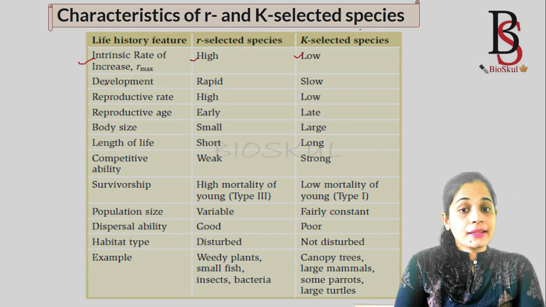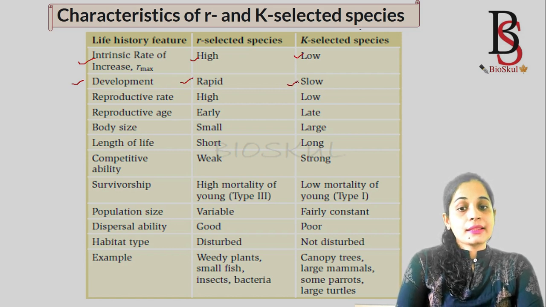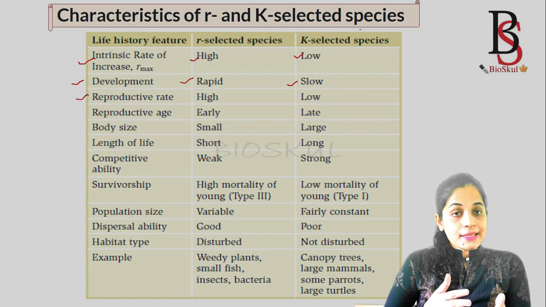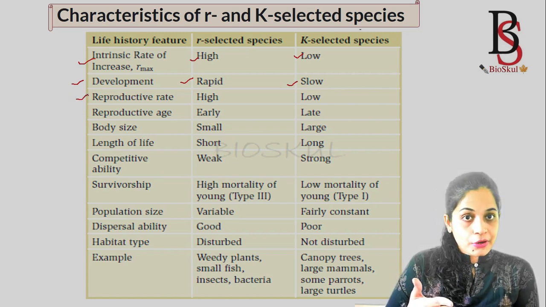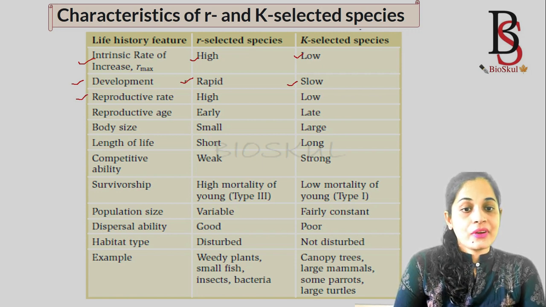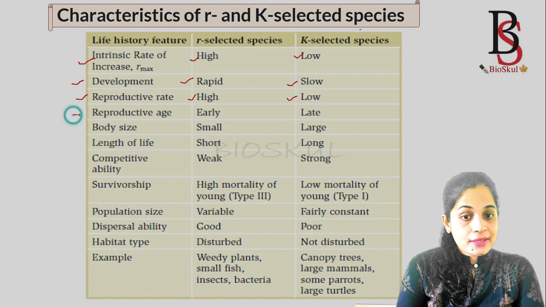Development: the development is rapid in R selected species whereas it is slow in K selected species. Then the third point is reproductive rate. R selected species have a high reproductive rate, whereas the K selected species have a low reproductive rate. Then the next one is the reproductive age.